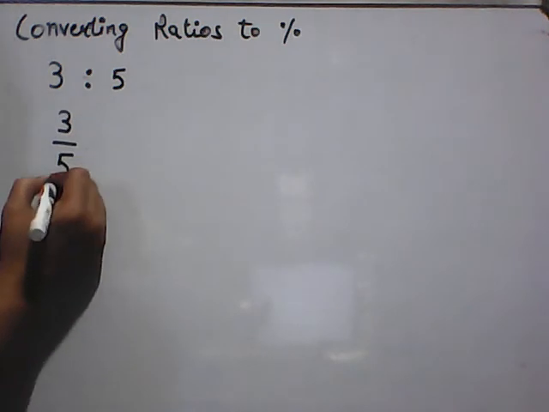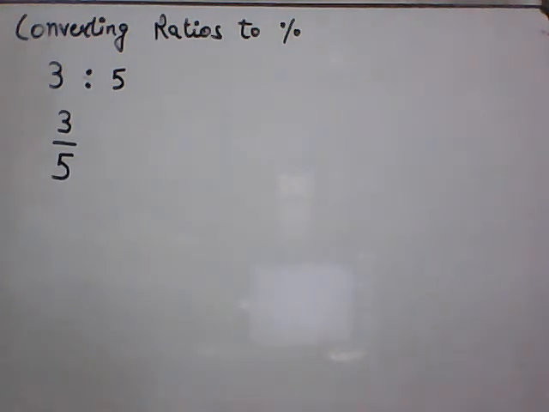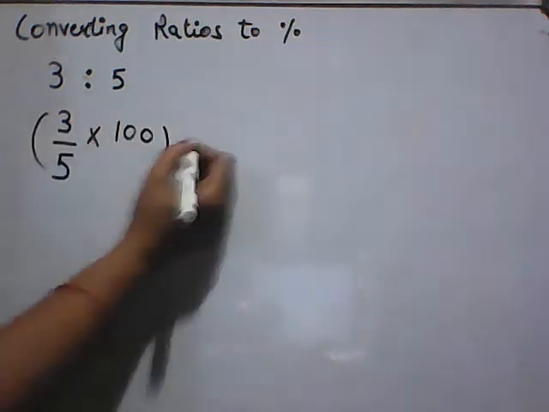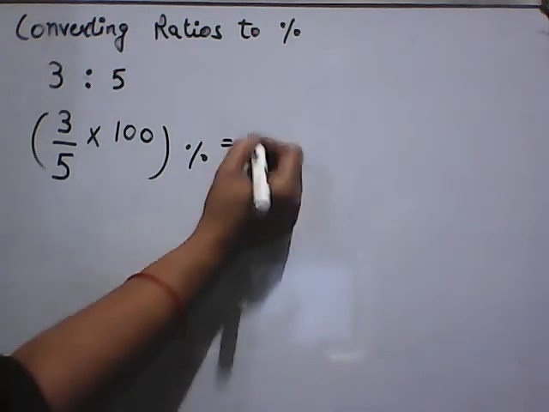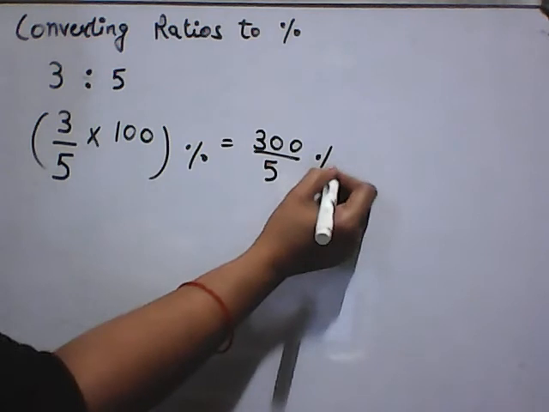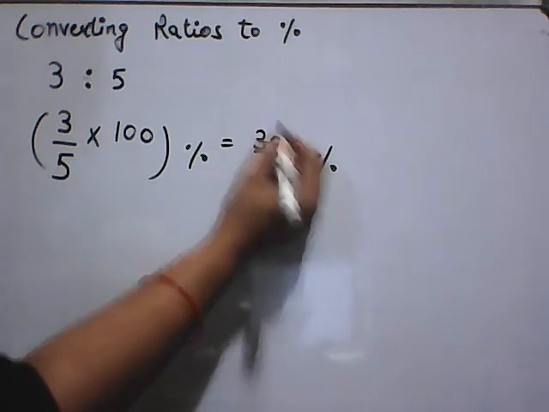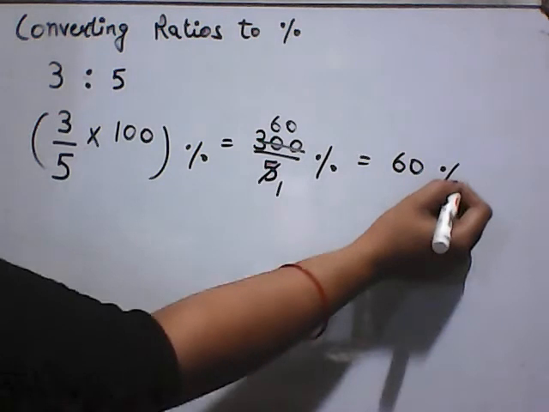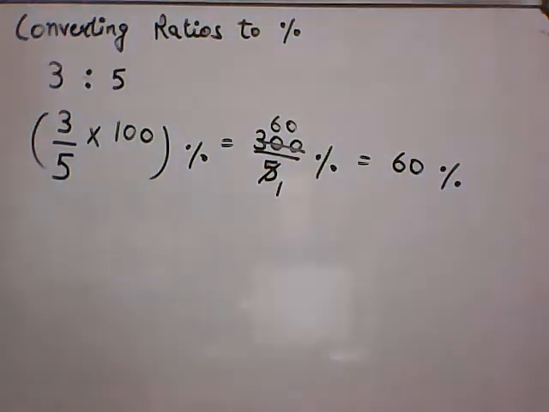Now it is a fraction. How can we convert fractions to a percentage? Just multiply it by 100 and put the percentage symbol. It is 300 divided by 5%. Now 5 ones are 5, 5 sixes are 30, 60. It is 60%. In this way, we can convert ratio to percentage.